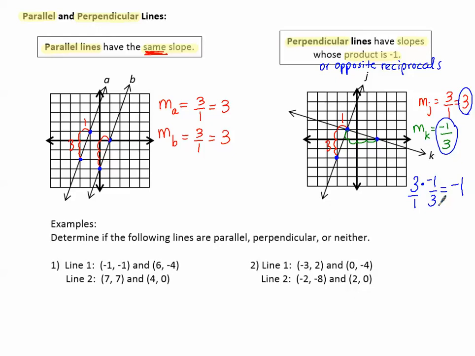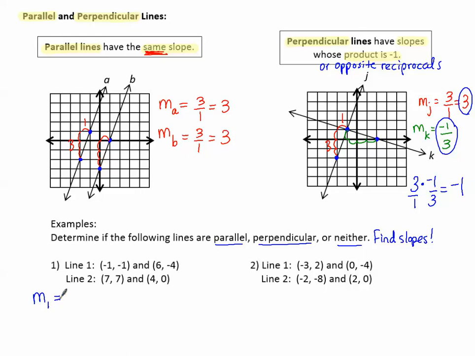Let's practice these examples. Determine if the following lines are parallel, perpendicular, or neither. I need to find the slopes for this. So that's what we will do. Find the slopes. Line 1. I'm going to indicate that I'm finding the slope of line 1, kind of like how I did here. M for slope, with a subscript of the line that I'm finding. So slope of line 1 equals.